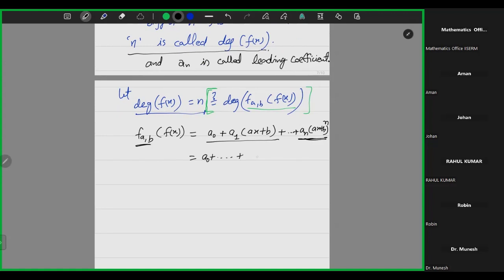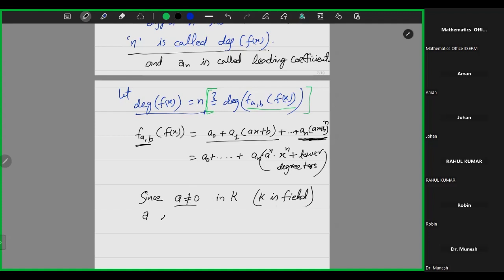Some lower degree terms plus An into A power n into x power n, by binomial expansion of the last term, plus lower degree terms. So the largest degree term is An A power n x power n, since A is non-zero in K and K is a field, hence A is invertible, A is a unit.